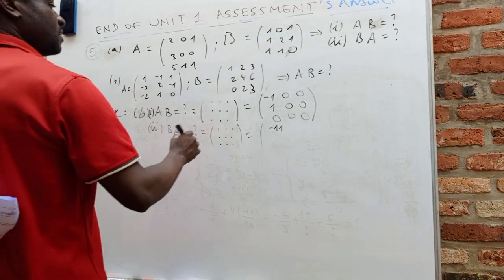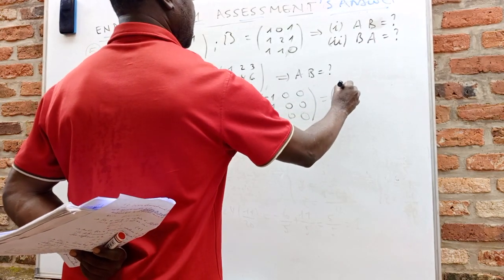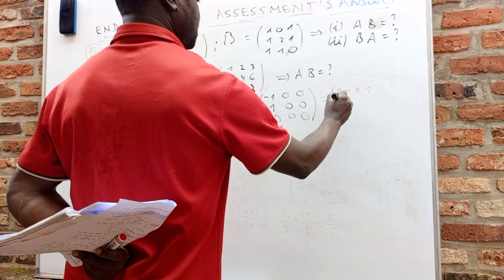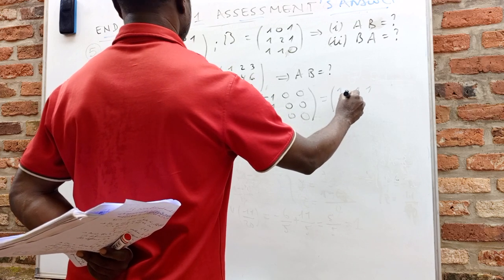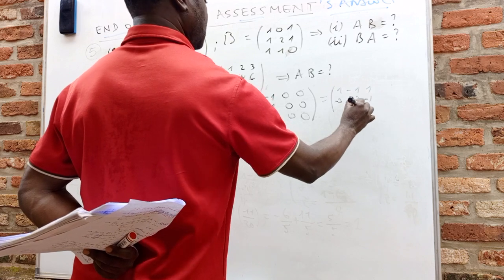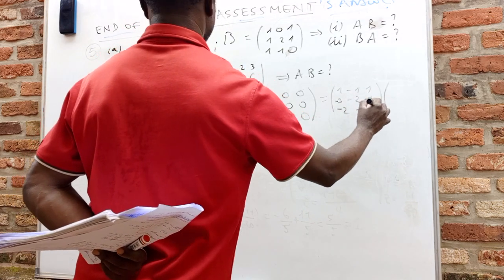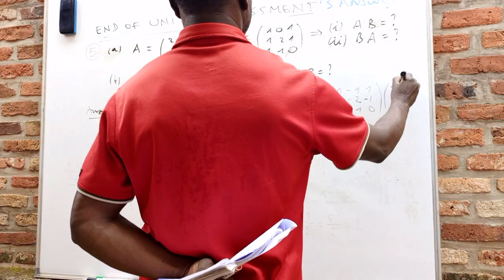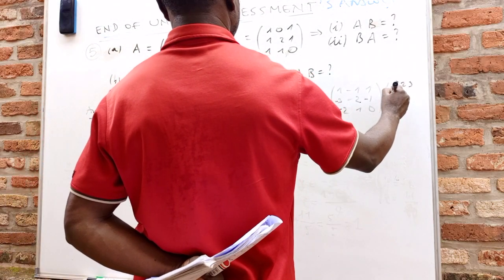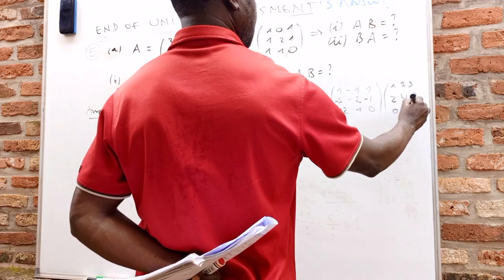Okay, so it means that this is equal to 1 negative 1 1 3 minus so negative 3 2 negative 1 negative 2 1 0, times this, which was 1 2 3 2 4 6 0 2 3.